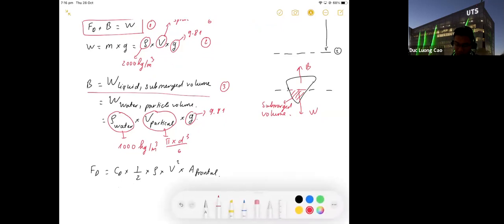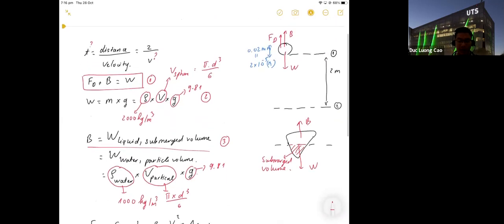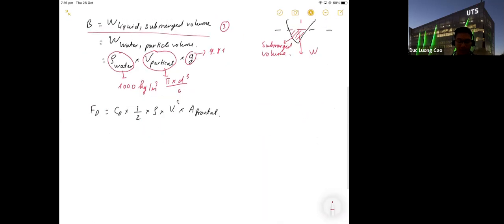You see the velocity in the drag force equation. So you have to find the velocity to find the time.